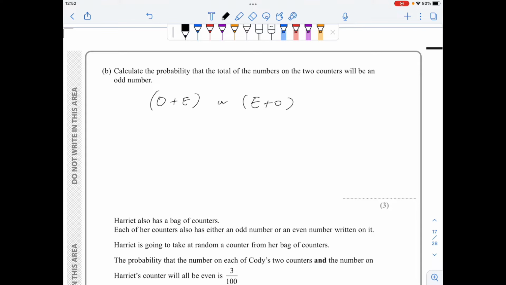So if I get the probabilities from the tree diagram, I will get 7 out of 10 times 5 out of 12 plus 3 out of 10 times 7 out of 12. This will give me 56 out of 120, or 7 out of 15.